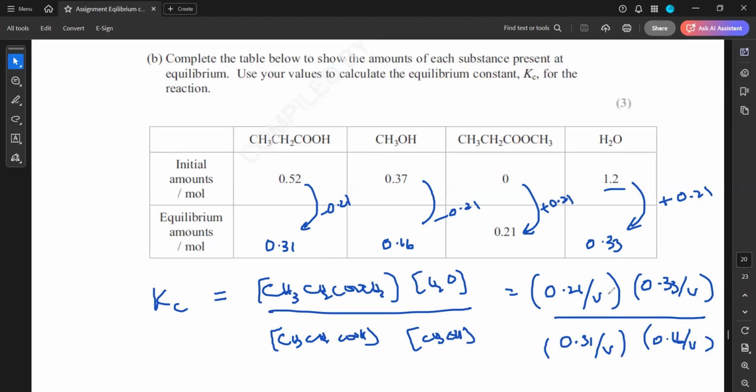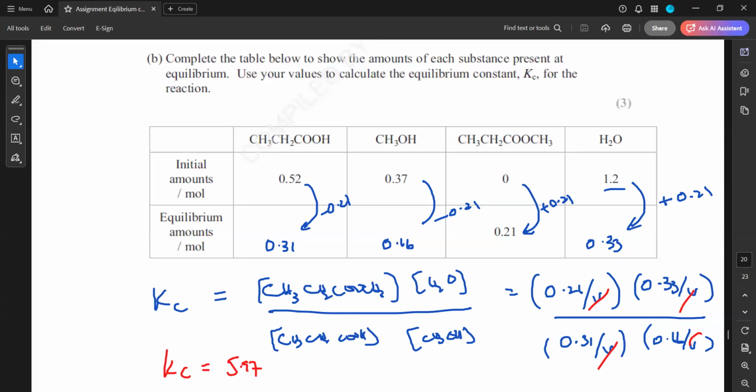So actually it's the moles of the product divided by the moles of the reactant, and we get the value for Kc, which is 5.97.